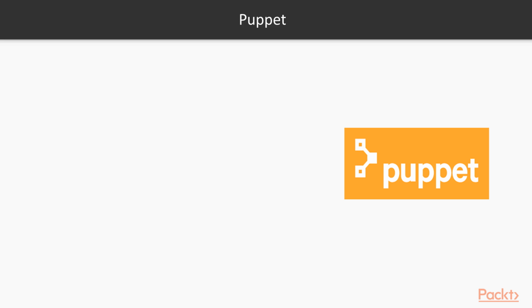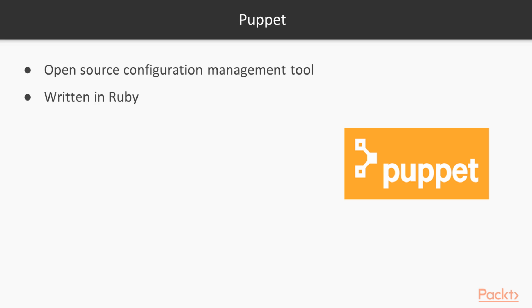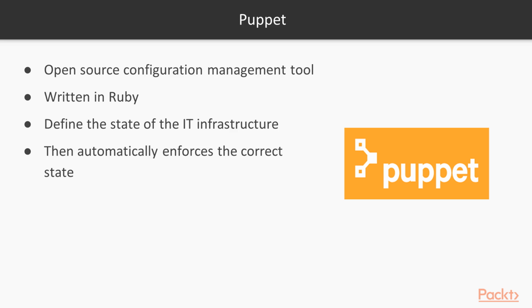Moving on to the second CM tool, which is Puppet. Puppet is an open source configuration management tool written in Ruby. It defines the state of the IT infrastructure you have and then automatically enforces the correct states, the desired state in which you want your infrastructure to be.